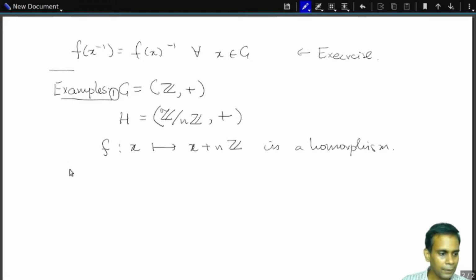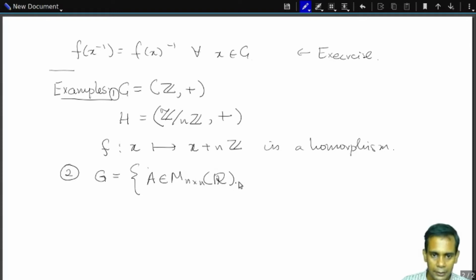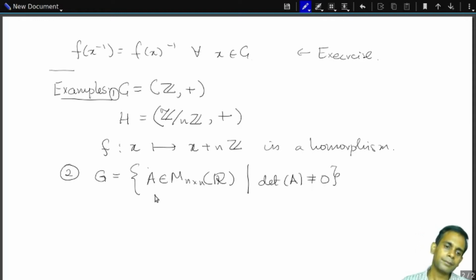And here's another example from linear algebra. You take G to be the group of all n by n matrices A, let's say with real entries, such that determinant of A is non-zero. Then we know that if determinant of A is non-zero, then A is an invertible matrix.